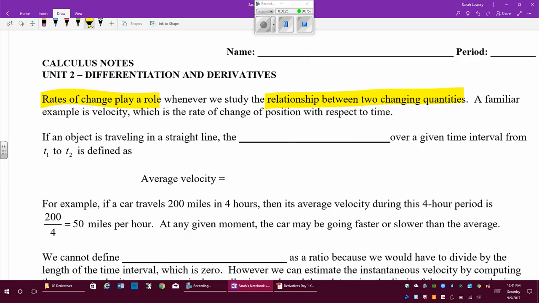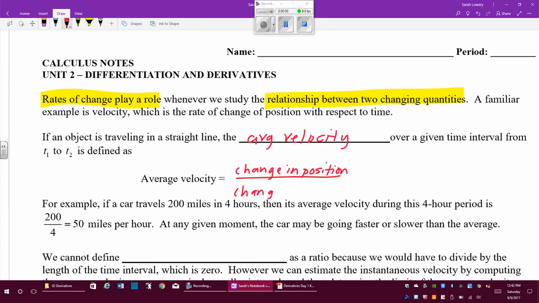So if an object is traveling in a straight line, the average velocity over a given time interval from t1 to t2 is defined as the change in the position divided by the change in time.